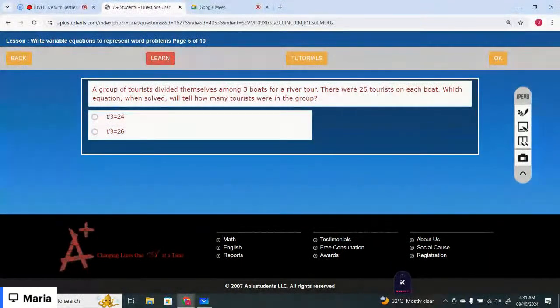A group of tourists divided themselves among 3 boats for a river tour. There were 26 tourists on each boat. Which equation, when solved, will tell how many tourists were in the group? So which is the correct option?